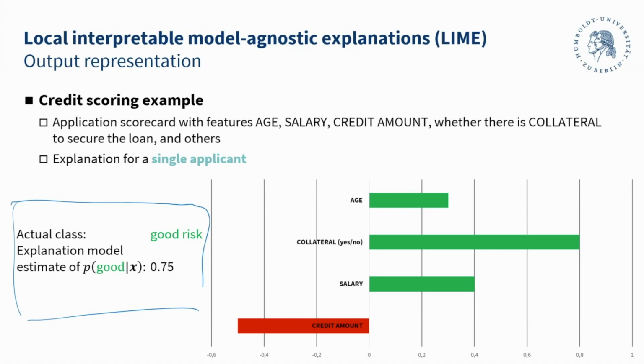So we get estimates of feature effects, and more accurately, we get estimates of effects for a set of features. Our scorecard could use more features, while Lime would only produce us these 4. And this is to help us understand what causes the prediction.